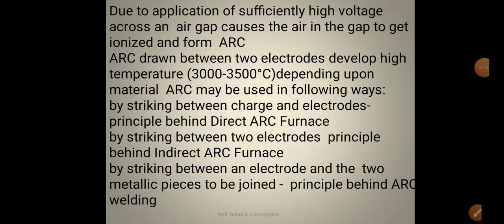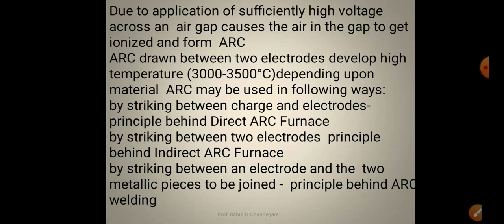Due to application of sufficiently high voltage across an air gap, the air in the gap gets ionized and forms an arc. An arc drawn between two electrodes develops a high temperature, in the range of 3000 to 3500 degrees Celsius depending upon the material.